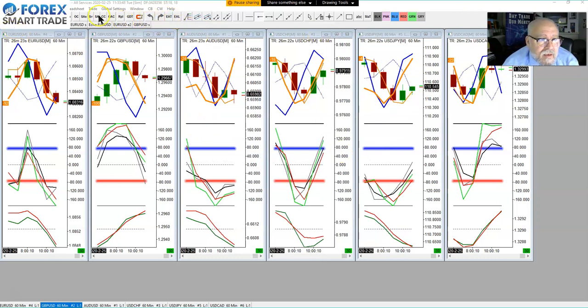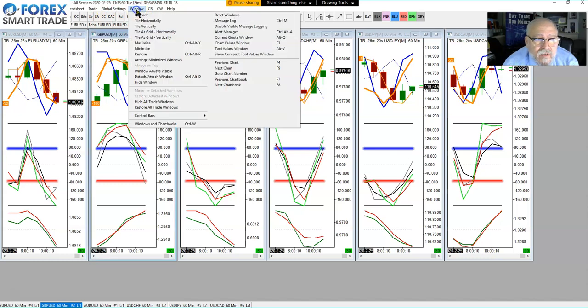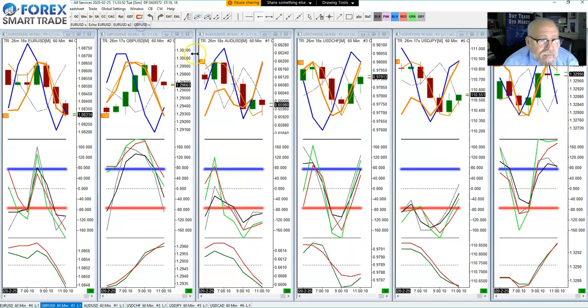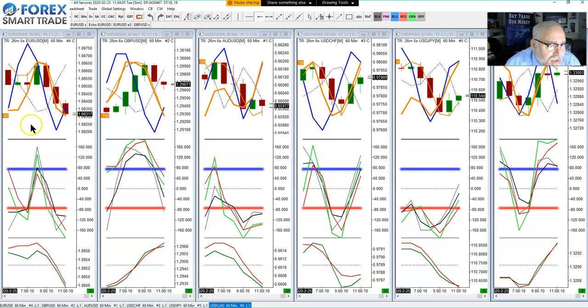Let me resize these windows so we're using the full board. It's a bit early, but let's just take a quick peek and see if we have anything that looks interesting for a 10-point trade. Euro dollar, 10-point trade, just to remember, we're looking for 2 pieces of information.